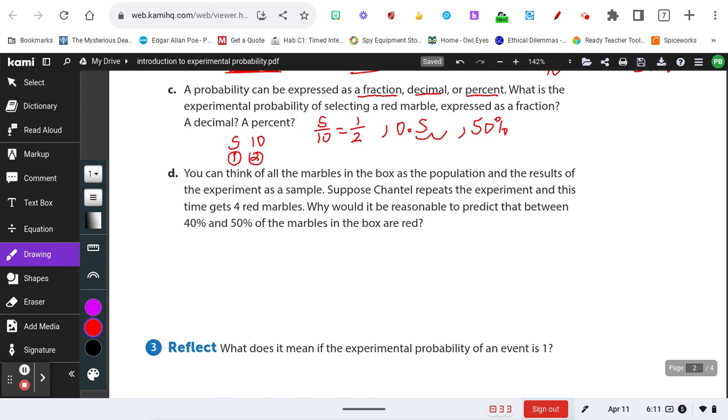All right, you can think of all the marbles in the box as the population. So all the marbles in the box is the total population. And the results in the experiment are the sample. So your results are the sample.